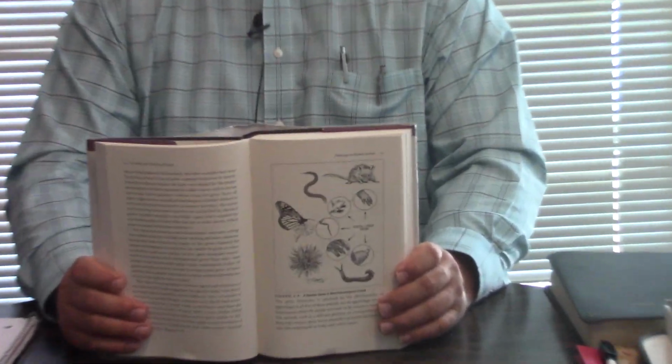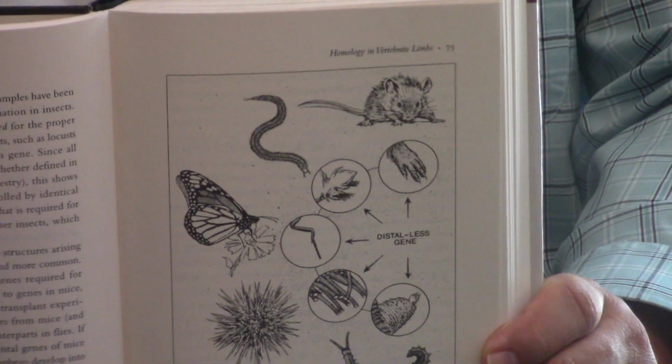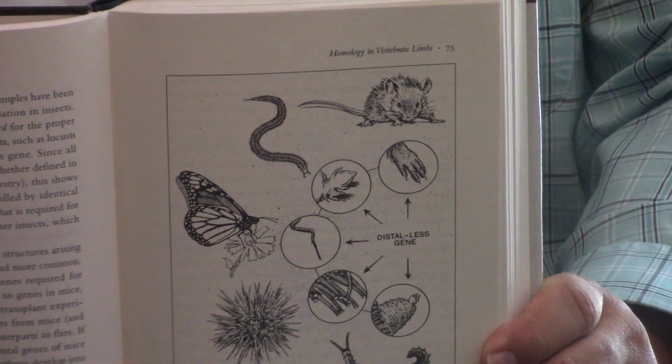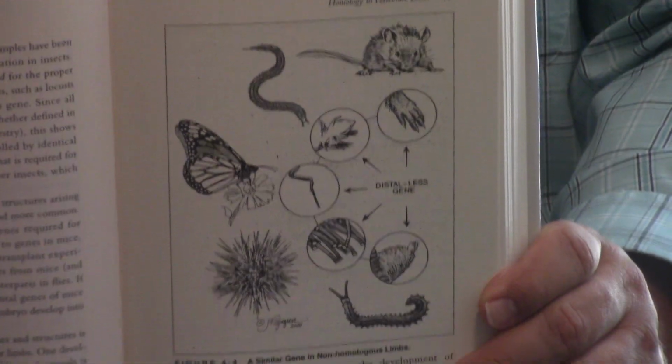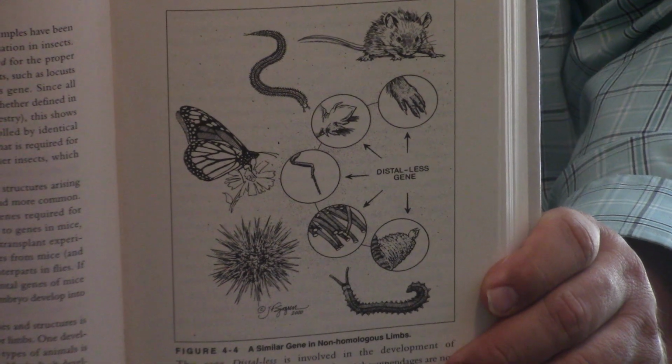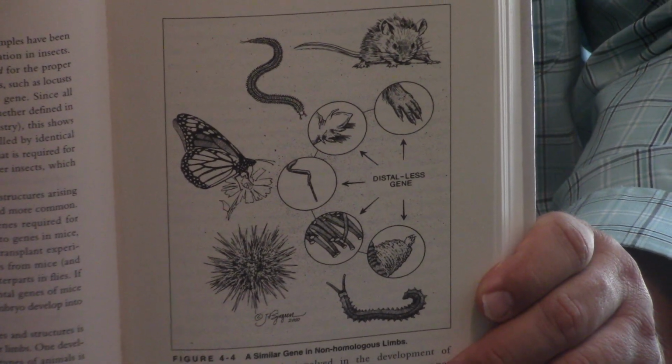So, evidence from developmental pathways, evidence from developmental genetics, similar genes in non-homologous limbs. You know, the butterfly is always a tough deal for evolutionists, like the eyeball. How do butterflies go from caterpillar to chrysalis to goo to a beautiful butterfly?